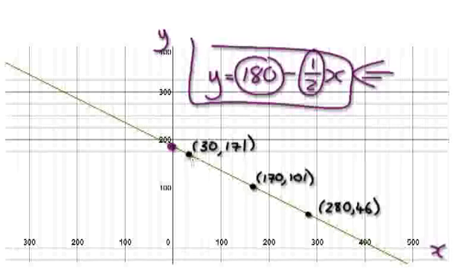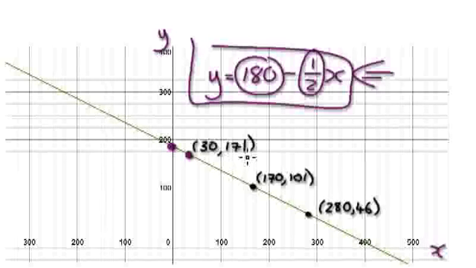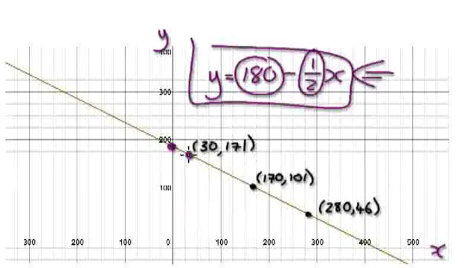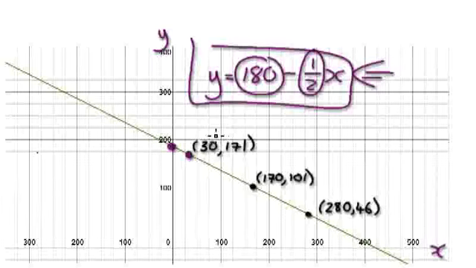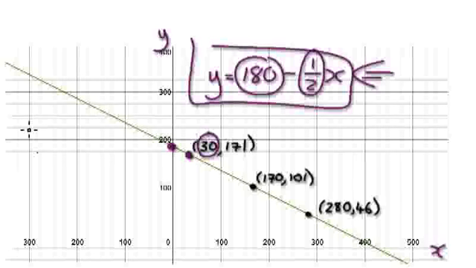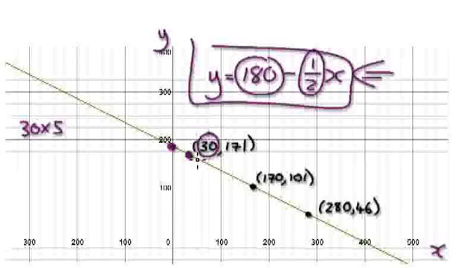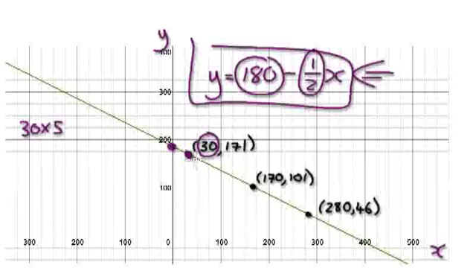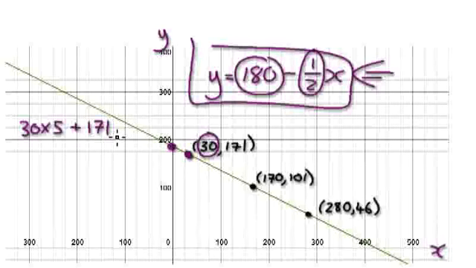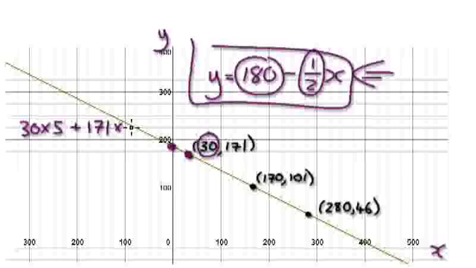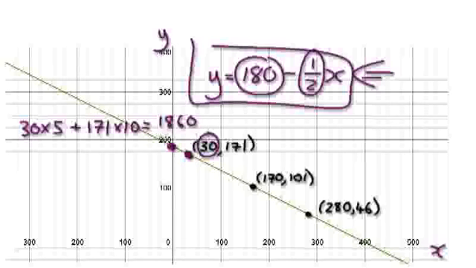If you select any point on this line, let's say 30, 171, where this represents x, that means 30 £5 notes and 171 £10 notes, and it adds up to 1860.